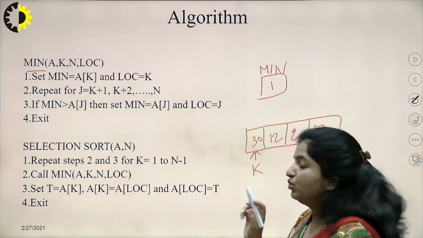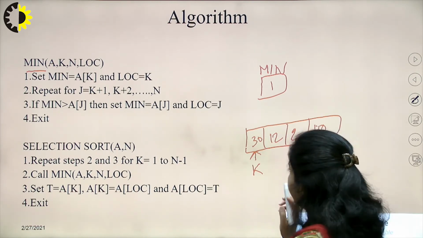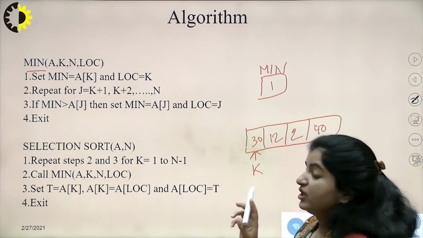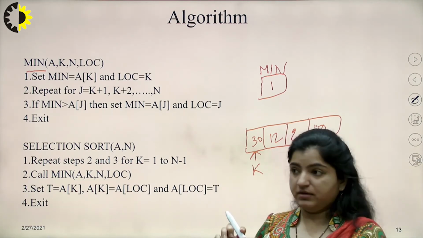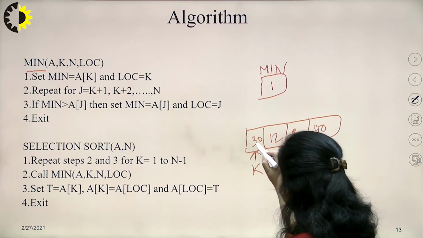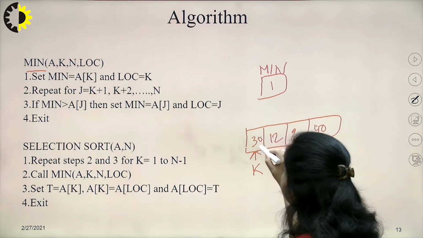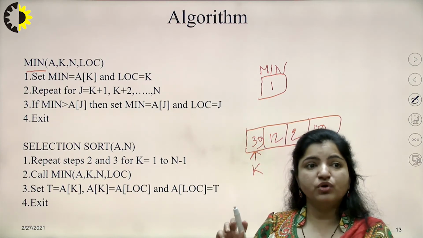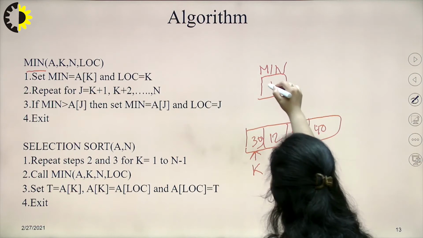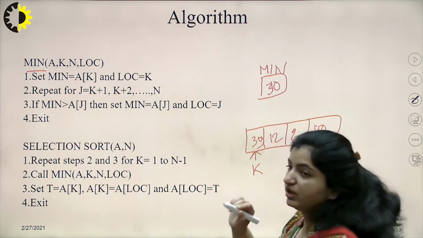Fine. So in this particular array, I will just check the value of k, and the value of k here is 1. So at 1 I have the value 30.